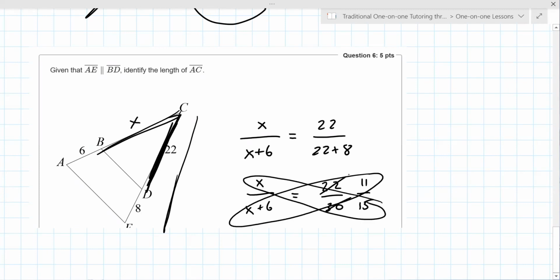So I'd like you to take this problem from here and see if you can work it out completely. Get the value of X for me, but that's not the final answer. I'll be right back.